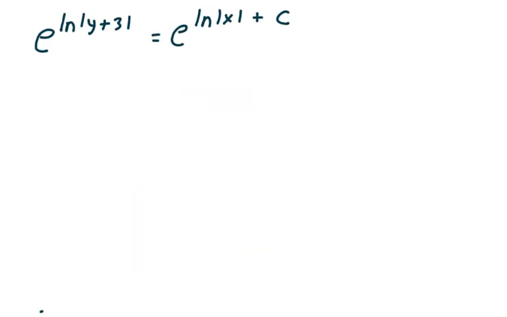So, e to the natural log of the absolute value of y plus 3 is the absolute value of y plus 3. That's the left side. On the right side, we're going to get e to the c times e to the natural log of the absolute value of x.